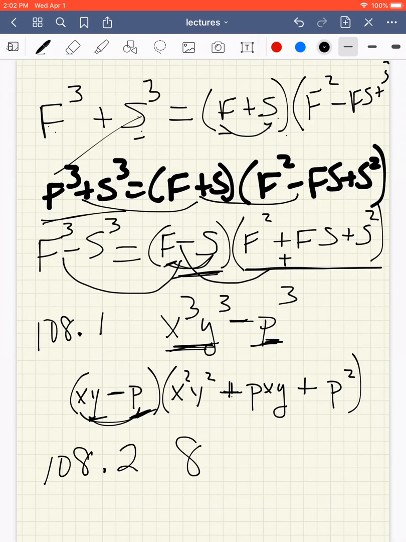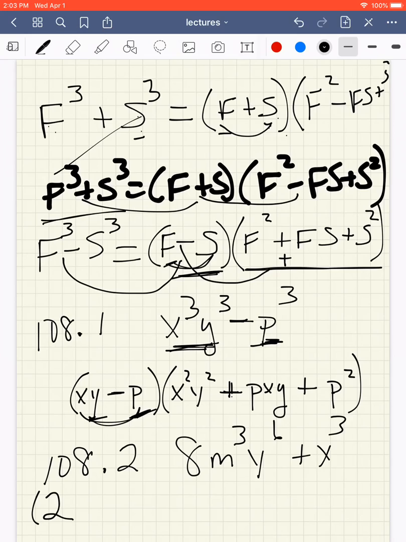So the next one says 8m cubed y to the 6th plus x cubed. All right, remember I told you the first thing you have to do is determine if those are both perfect cubes. Well, do we know the cube root of 8? Yes, the cube root of 8 is 2, right?